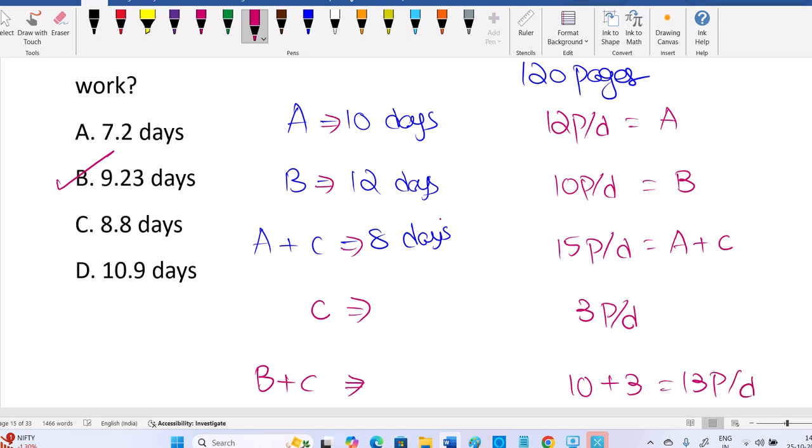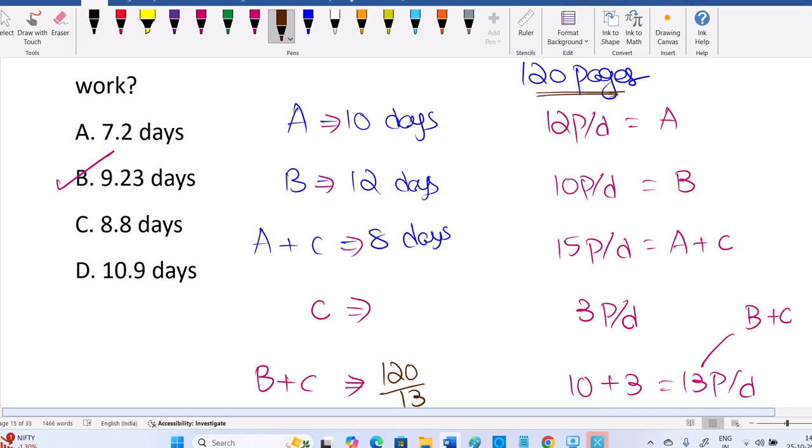This is B plus C. Now time is work by efficiency: work is 120, efficiency is 13. 120 divided by 13 is your answer. It's less than 10 days, 9 point something. So option B.